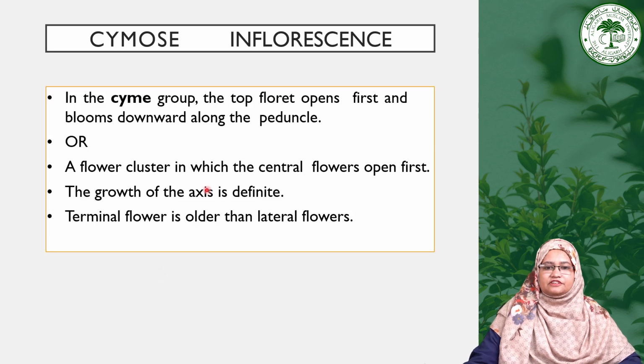So it is a flower cluster in which the central flowers open first and the lateral flowers open later, which means the older flower is present at the top or terminal position. Because the flower is present at the terminal position of the stem axis, the growth of the stem becomes definite. When the flower is produced, the growth of the stem stops. That's why this type of inflorescence is called determinate inflorescence, because due to the presence of the flower, the growth of the stem is stopped.